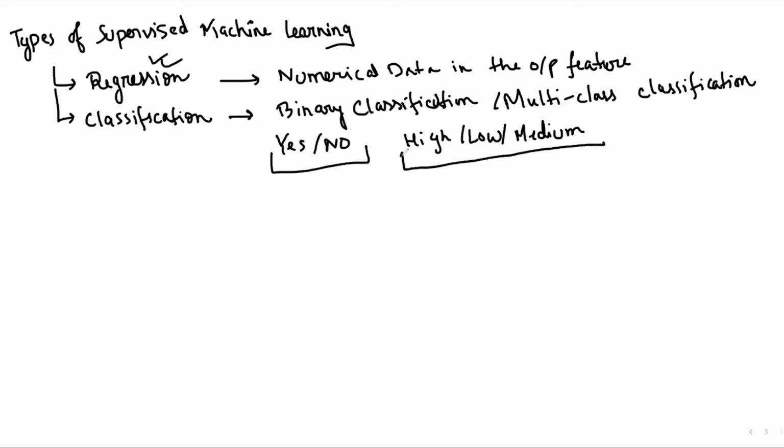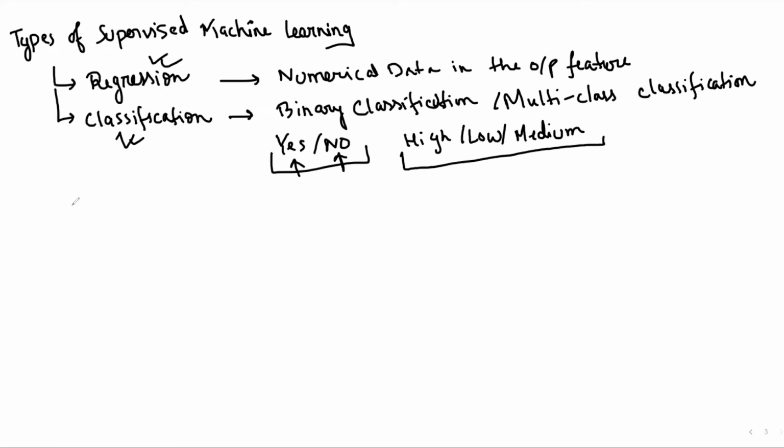This is a case of multi-class classification, multiple classes. Here we have binary, 2 classes. Any problem statement which has this as the output is categorized as supervised machine learning, and it's a classification problem.